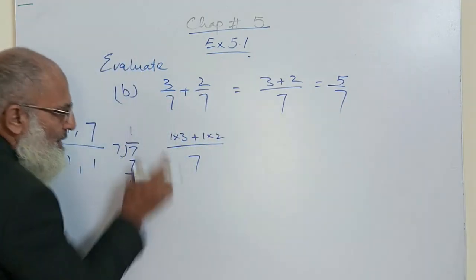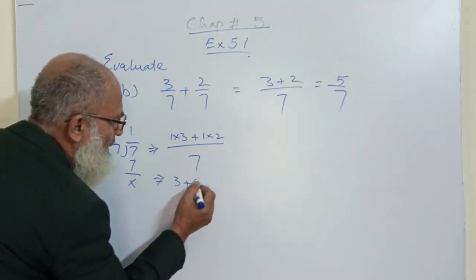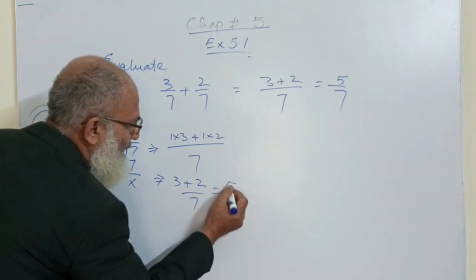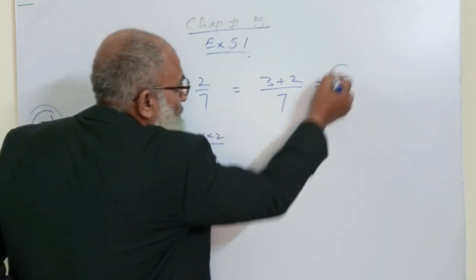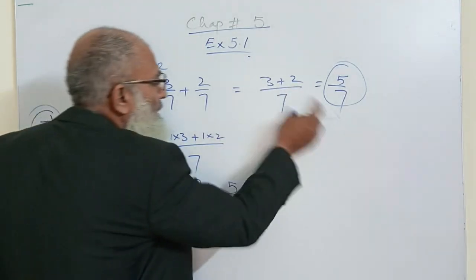You see that this is the proper detail of this question. 3 plus 2 divided by 7, that is 5 upon 7. And you simply get the same answer, 5 upon 7.